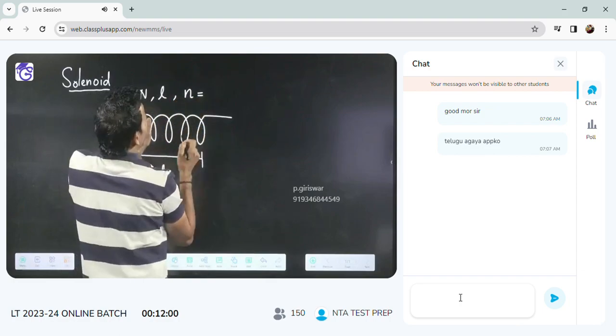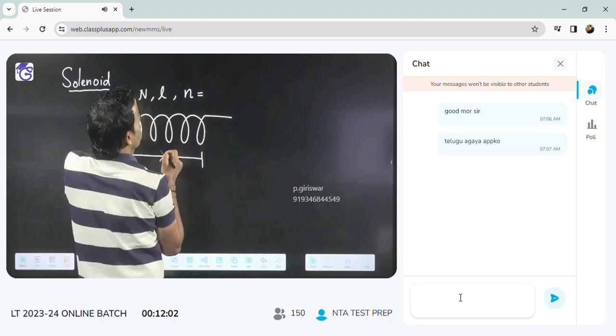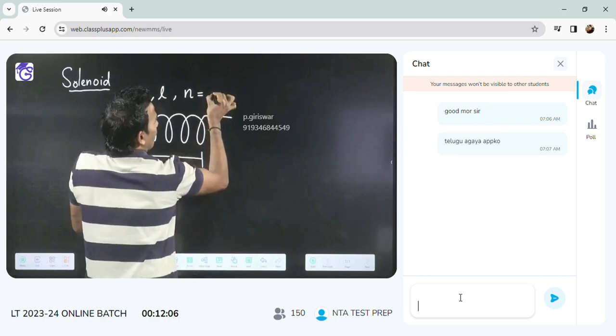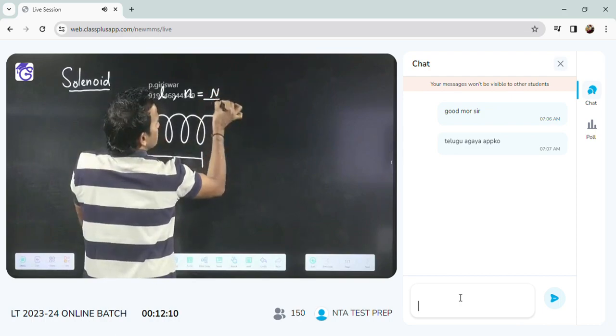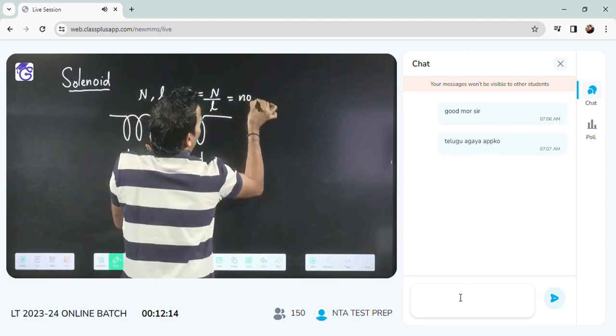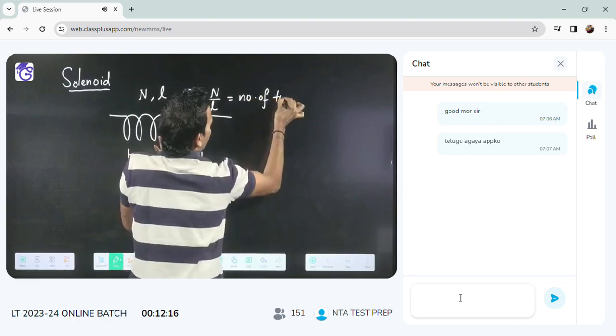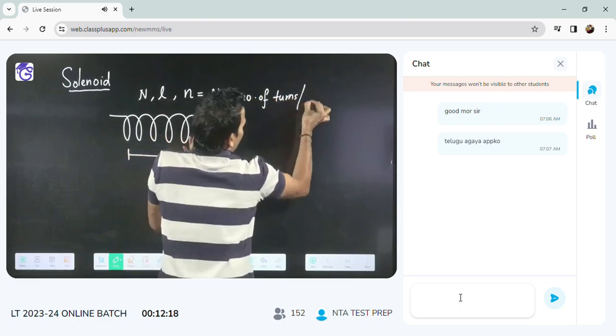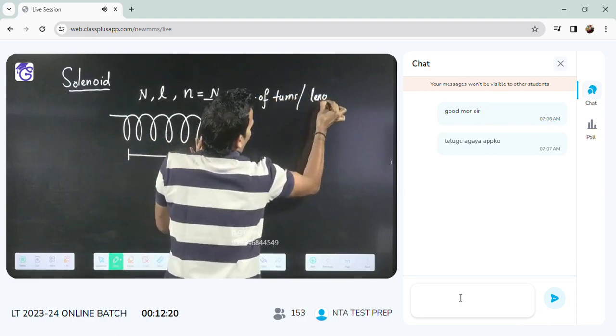Capital N is total number of turns. L is the length of solenoid. And we can also define number of turns per unit length.